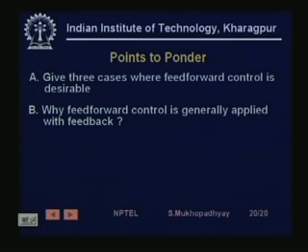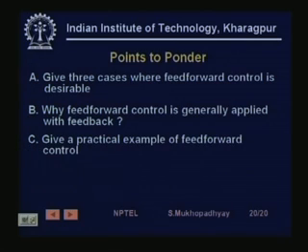We have talked about it many times. And give a practical example of feed forward control. Feed forward control is applied in many situations, in motion control, in rolling mills, and obviously in temperature control problems, as we have already seen.